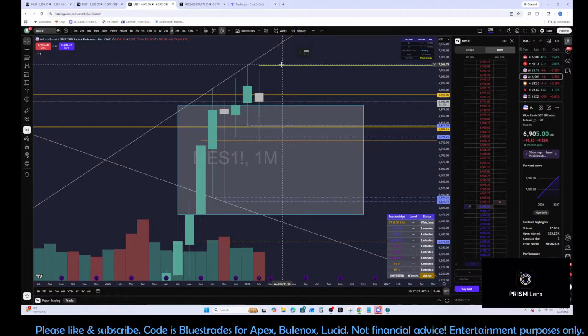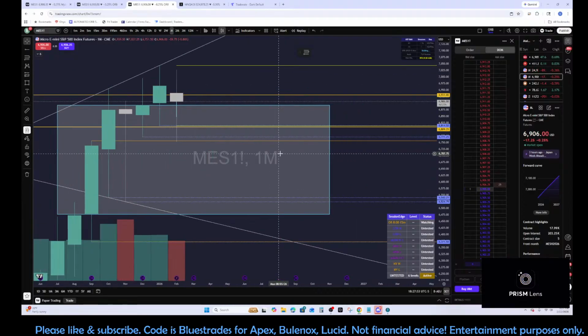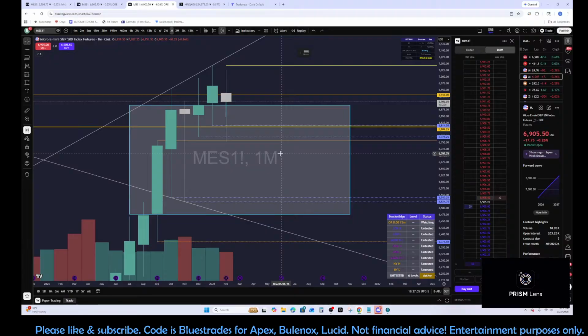Because unless we break 70.44, which was last year's all-time high, we're not going 2 up. Or actually, sorry, that was January's all-time high. February's coming back inside. We are inside month so far. No wonder people are blowing accounts and getting chopped up, because they don't know how to trade an inside bar.